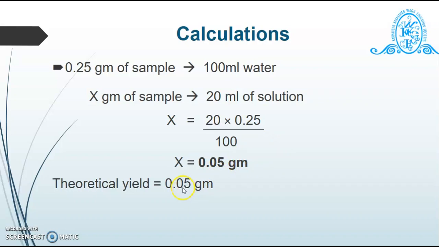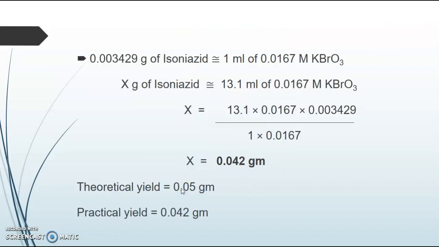Now part 2 involves using the factor, that is 0.003429 gram of isoniazide, which is equivalent to 1 ml of 0.0167 molar potassium bromate. So how much isoniazide is present, equivalent to 13.1 ml of 0.0167 molar potassium bromate?